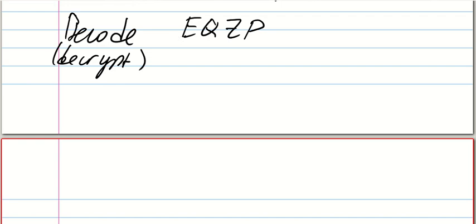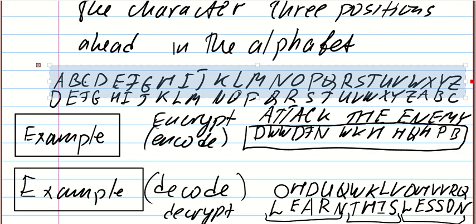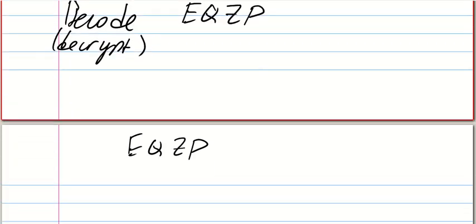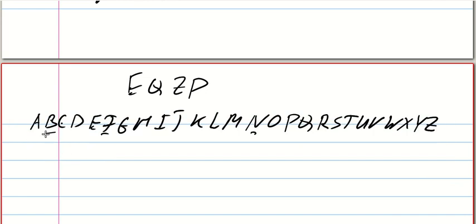So let's try to do that. E, Q, Z, and P. So we go to our alphabet. So if I go to the alphabet, okay, this is our alphabet. Let's start with E. We can move E one back, right?